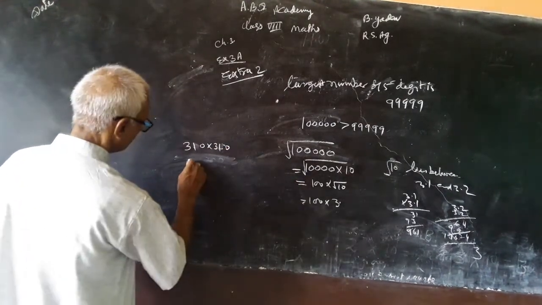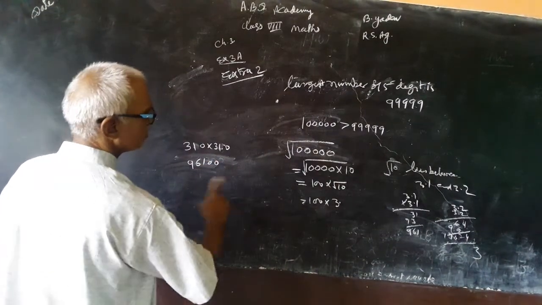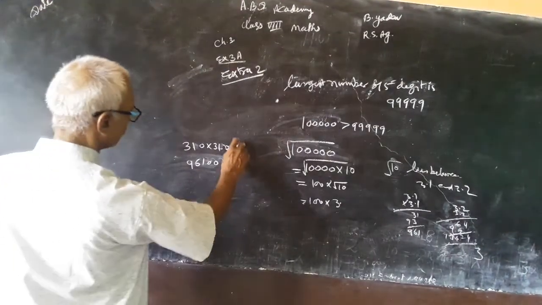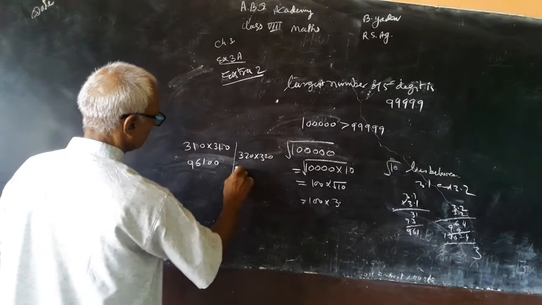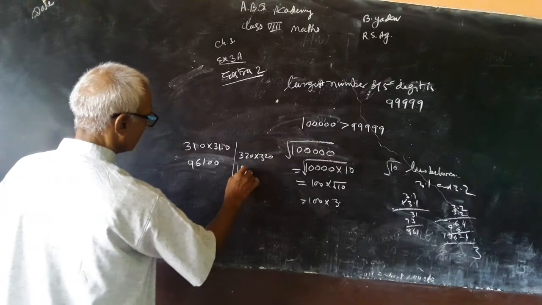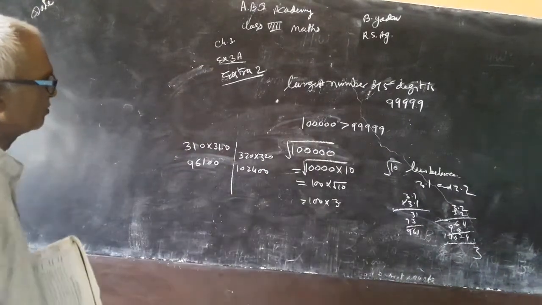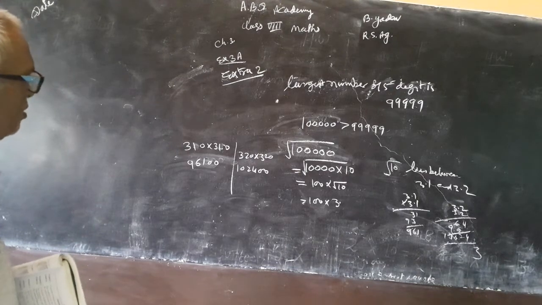It will come 96100, which will be lesser than this. But as you will do 320 into 320, it will go ahead and be greater than that. So 96100 is the square of 310.